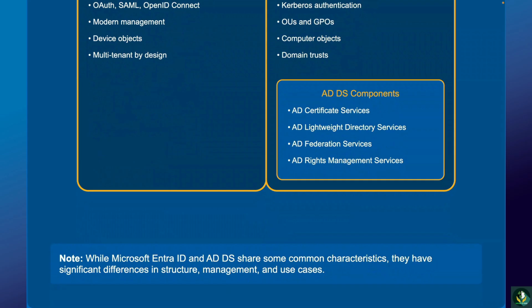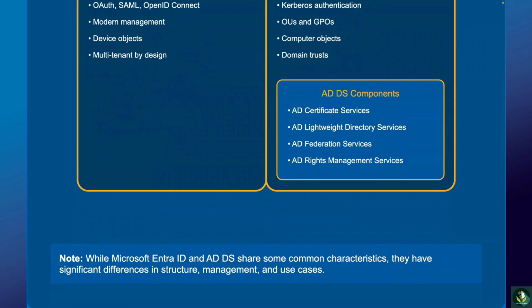2. Structure. ADDS has a hierarchical structure, while Microsoft Entra ID has a flatter structure. 3. Management. ADDS uses LDAP and GPOs, while Microsoft Entra ID uses REST APIs and modern management concepts. 4. Authentication.